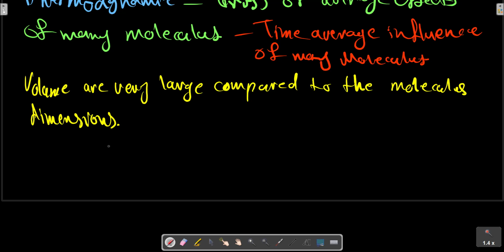Because we are not concerned with the behavior of individual molecules, we can treat the substance as being continuous, disregarding the action of individual molecules.